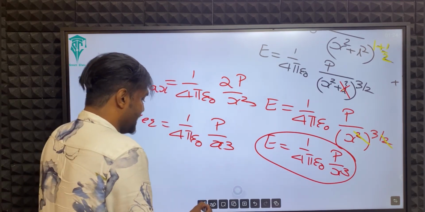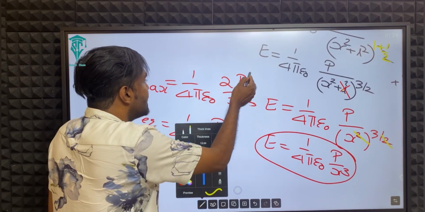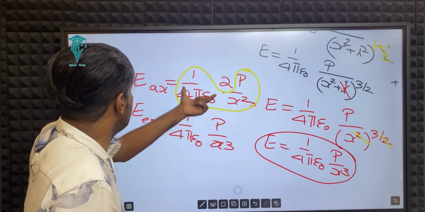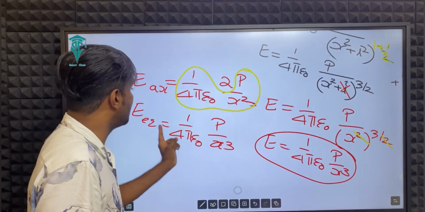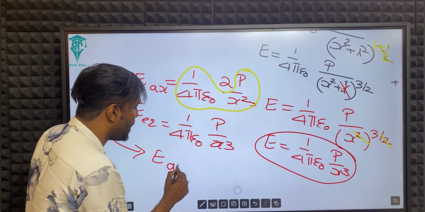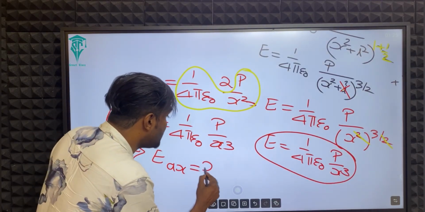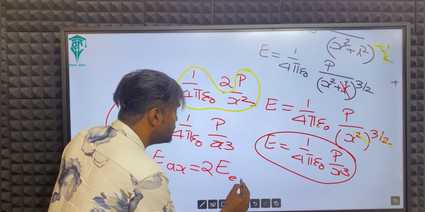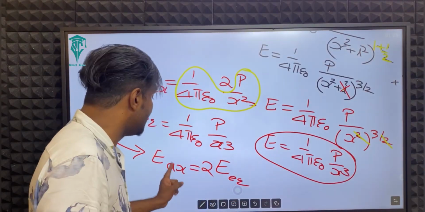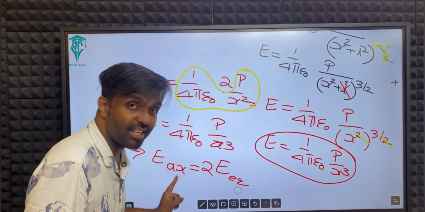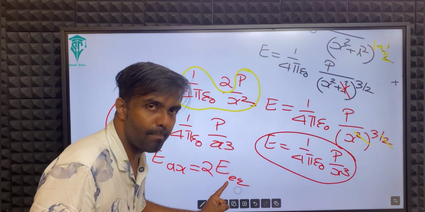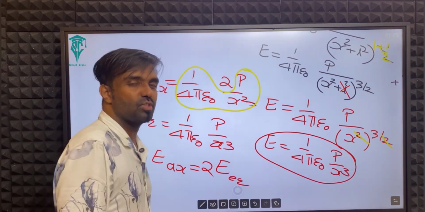So we can rewrite it as: electric field intensity at the axial point is 2 times the electric field intensity due to the electric dipole when the point is at the equatorial position. That's it, guys.